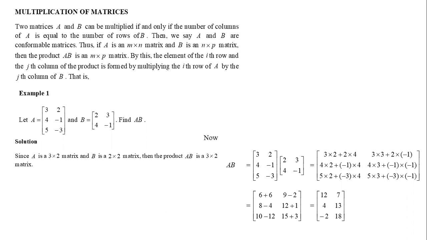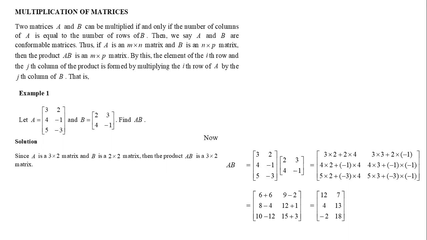For the second row of A, I have 4 and minus 1, and I use it to multiply the first column of B. That is 4 times 2 plus minus 1 times 4, which will also give me the result. The third row, I have 5 and minus 3. I will use it to multiply 2 and 4 in B: 5 times 2 plus minus 3 times 4.